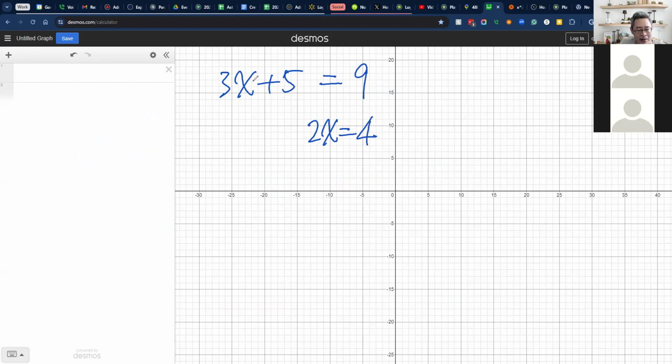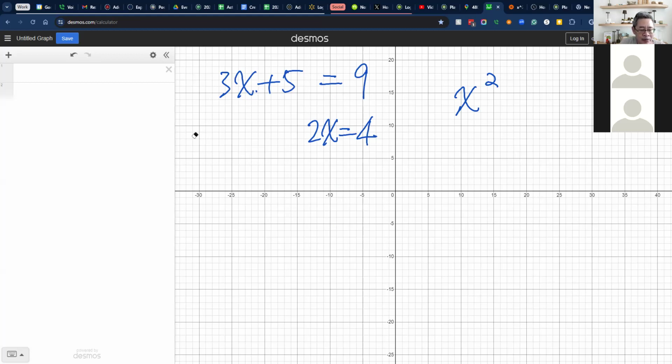As long as you have a variable, x itself, not x squared. When you have x squared, that's called a quadratic equation. So for the linear equation, we just have the variable at the first power, or first order.